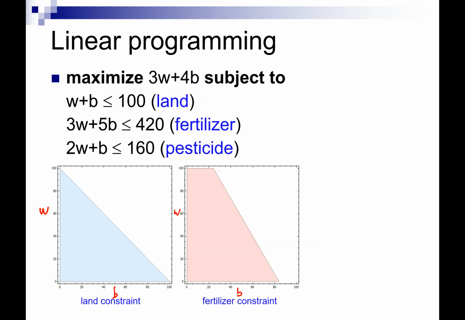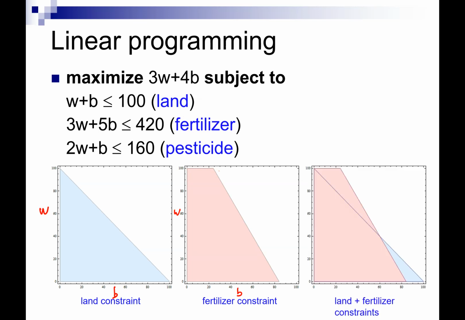So when the farmer is deciding how much stuff to plant, he's subject to both of these constraints. So we need to combine both of these constraints, and you can just overlay the two. Then you see that there are some points which satisfy one constraint but do not satisfy the other.